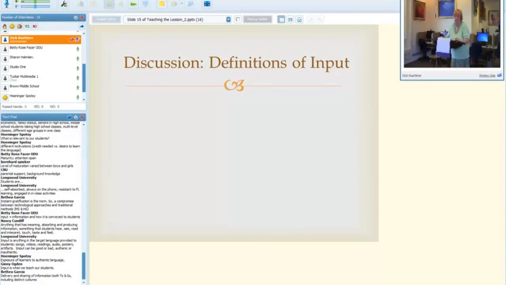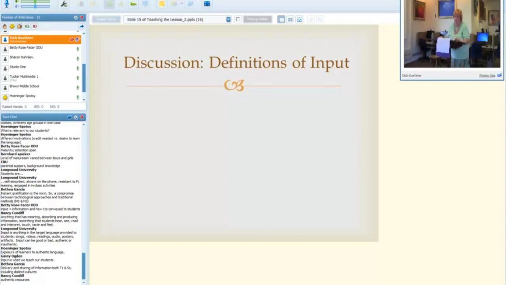Here are some definitions by educators and researchers whose names you may recognize, and they are from a variety of time periods.